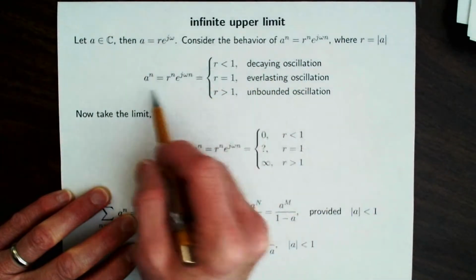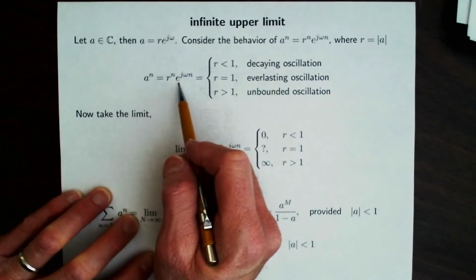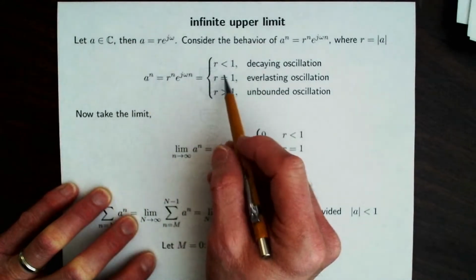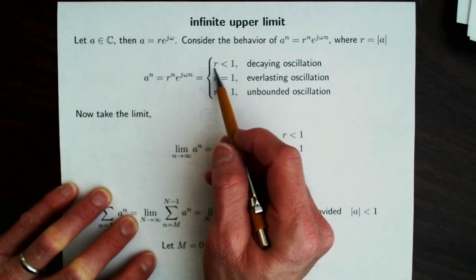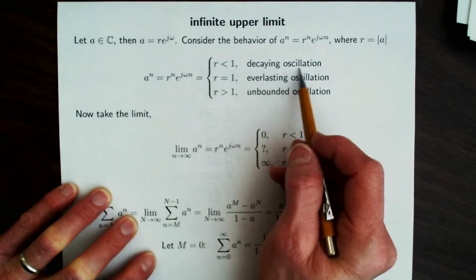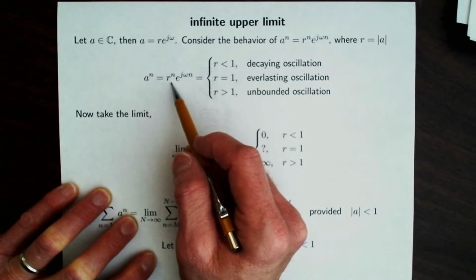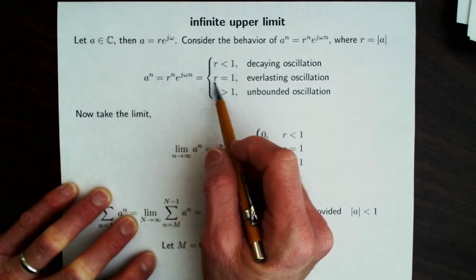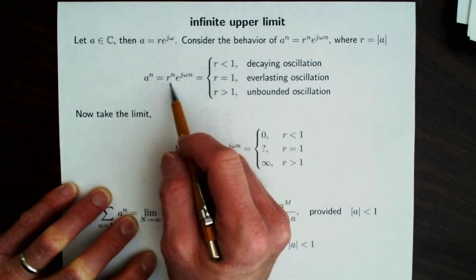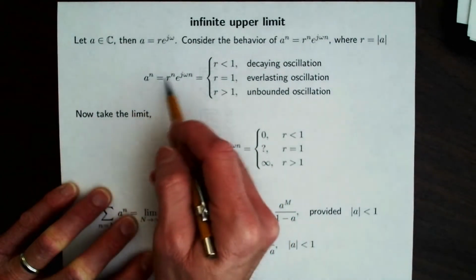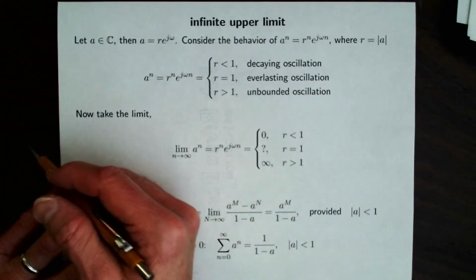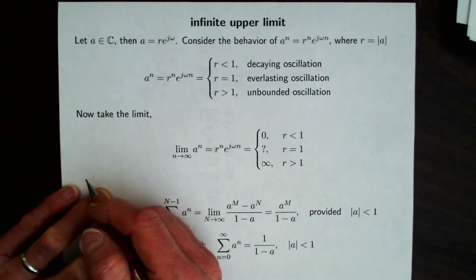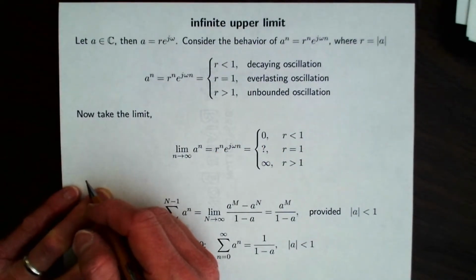And then if we look at the behavior of these terms, what happens as n goes to infinity? Well, if the radius, or the magnitude of a, is less than 1, then this tends to decay as n goes to infinity. If the radius is equal to 1, then the sequence just oscillates. And if the magnitude is greater than 1, then it will tend to grow as n goes to infinity.